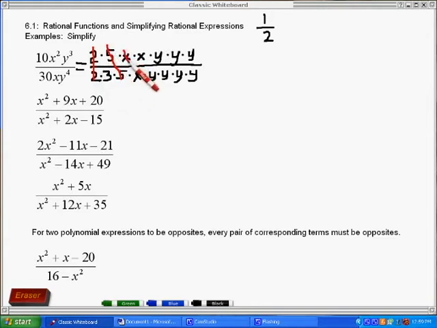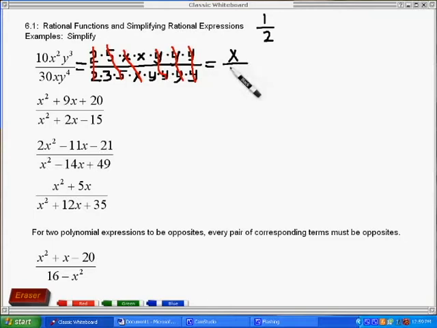We can divide out 1 x from the top and bottom, and then 3 y's. So what you're left with is, on the top all we have is x, and on the bottom we have a 3 and a y.